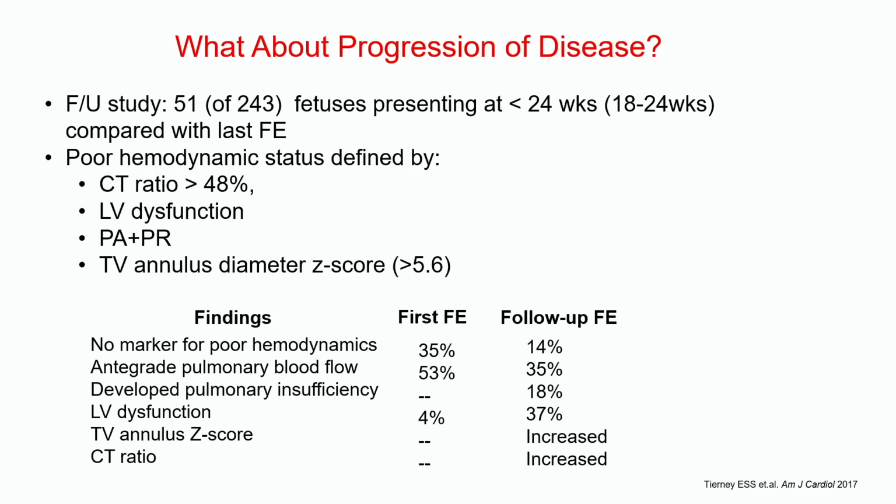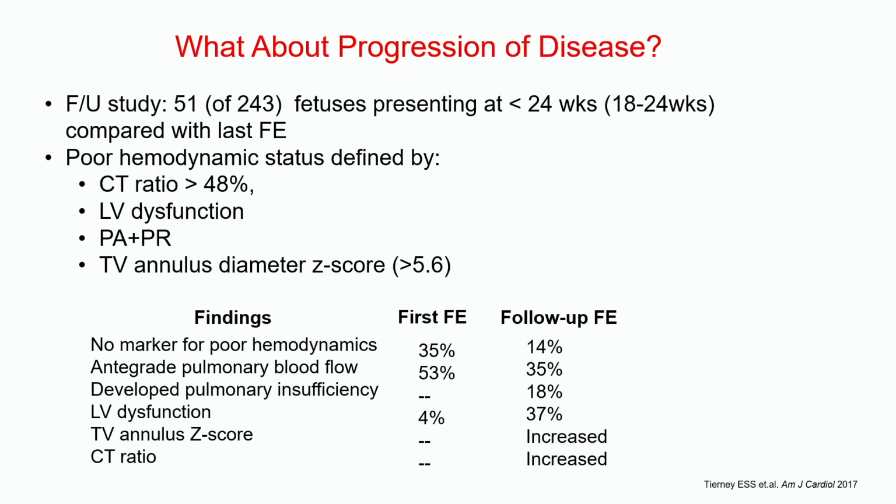So another question, which was also answered a little bit after the original article, was what happens to these babies? How do they progress, or do they progress? We know that so many fetal congenital heart defects are progressive, such as tetralogy and pulmonary atresia. Ebstein's is too.